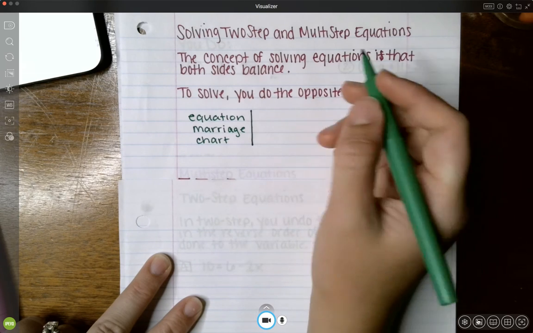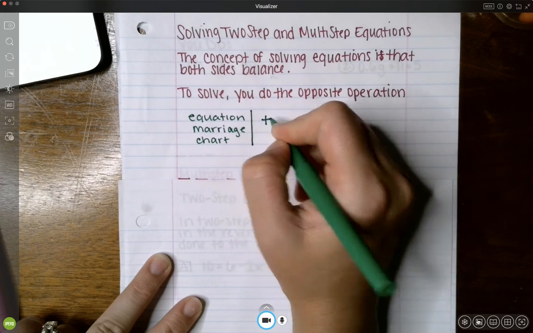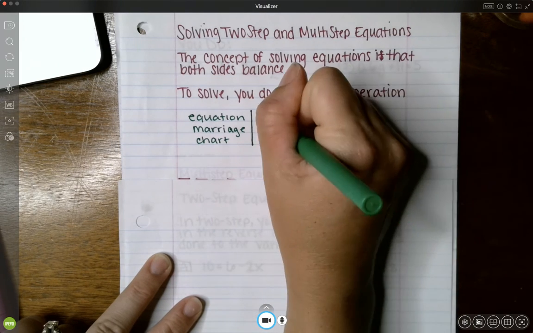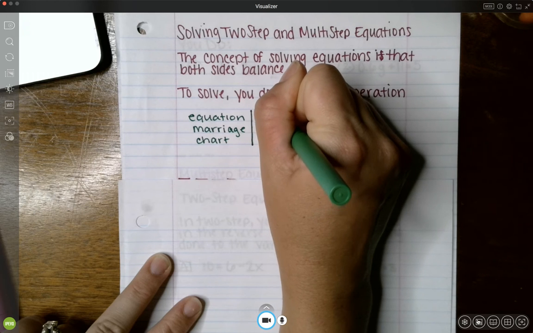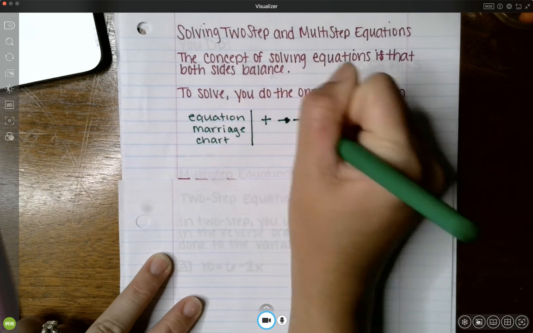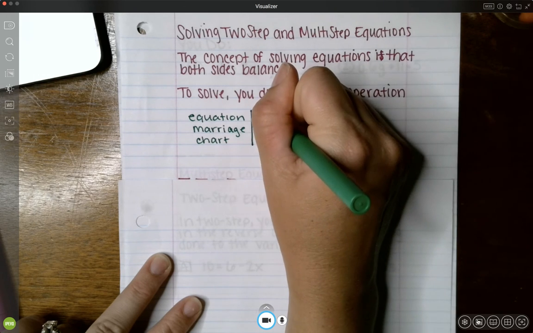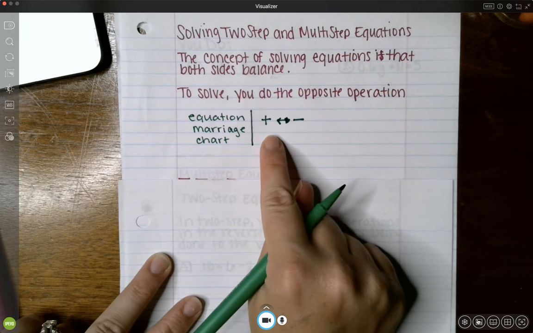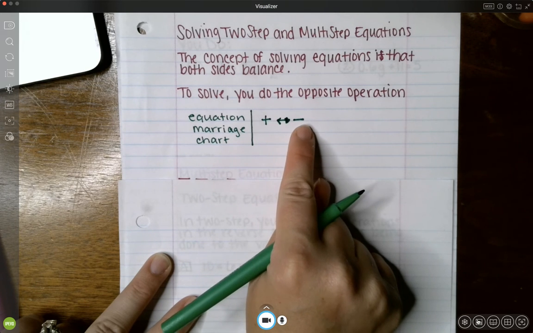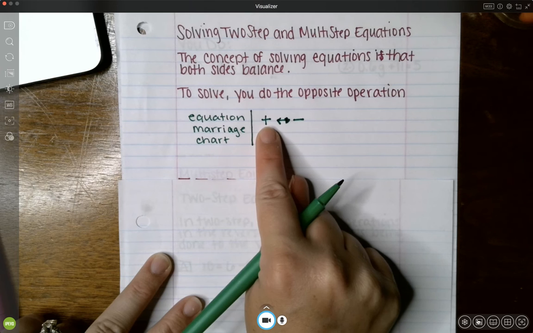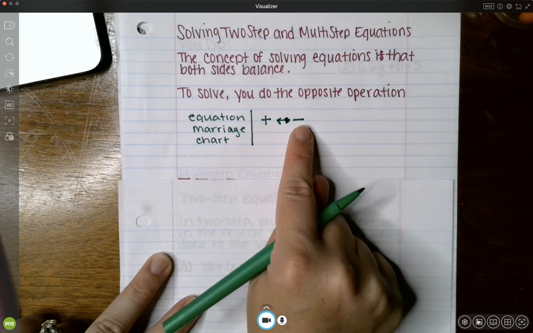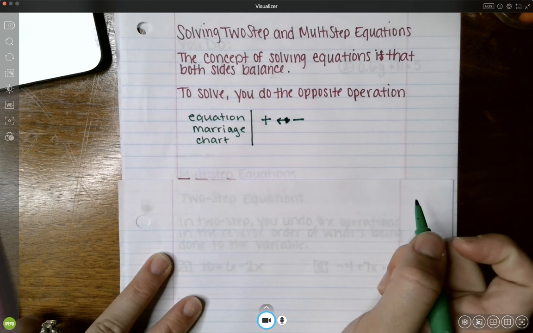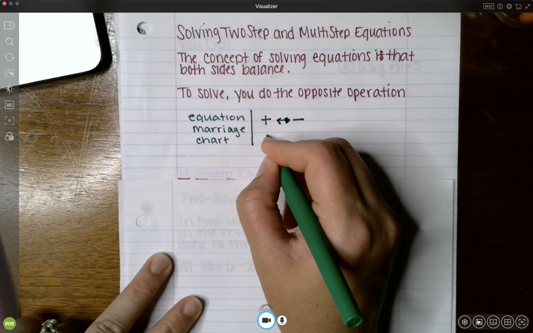A lot of times we focus on addition, and we know that the opposite of addition is subtraction. We need to keep in mind that this travels both directions. So addition is married to subtraction, and subtraction is married to addition. To cancel out positive, we do negative. To cancel out negative, we do positive. The next one would be multiplication.